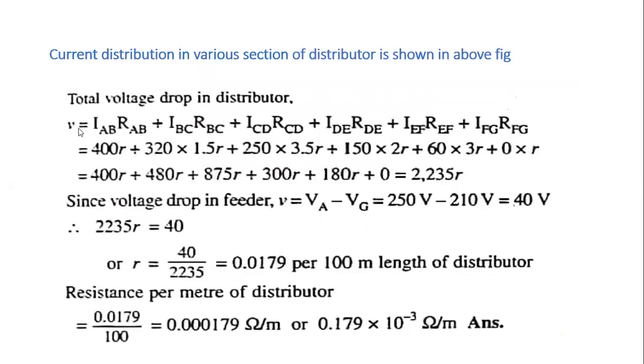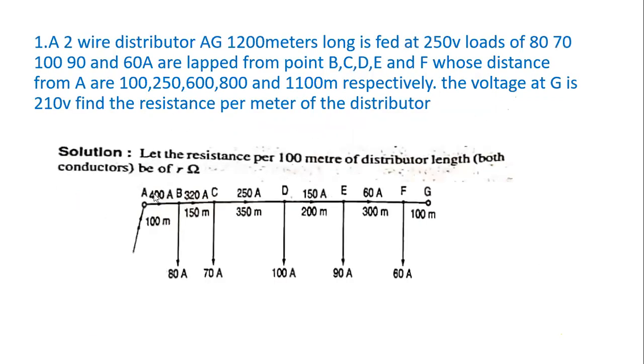The voltage drop in this distributor: how many sections are there? We have the AB section. Therefore the total voltage drop is V, that means VAG. This is the voltage drop across the feeder.